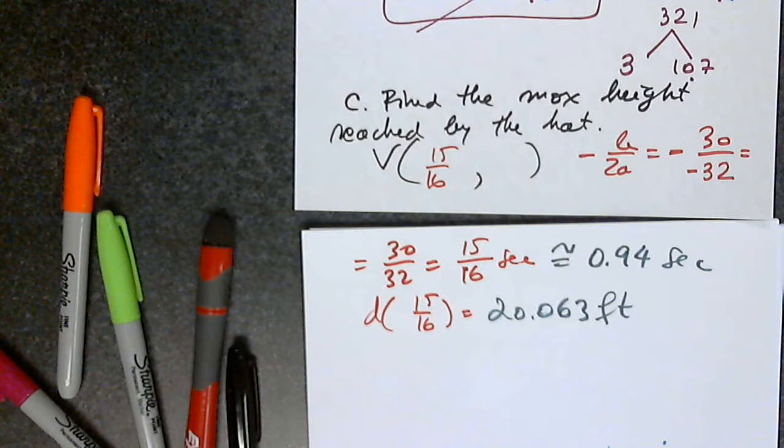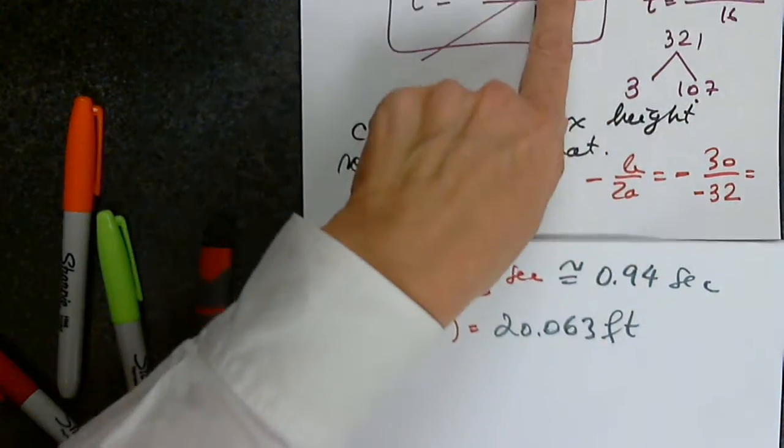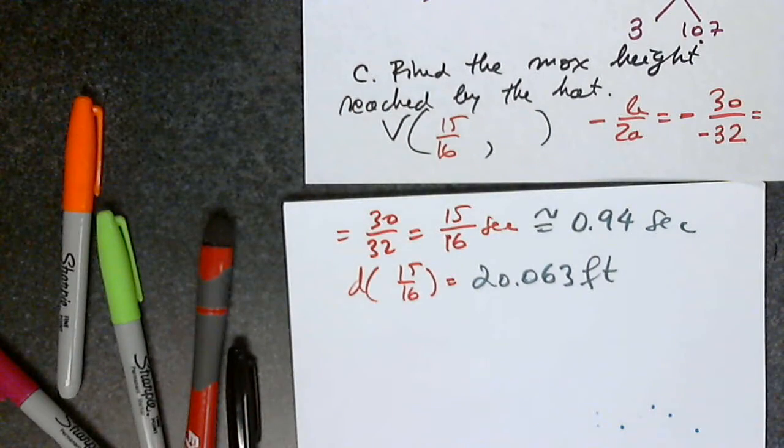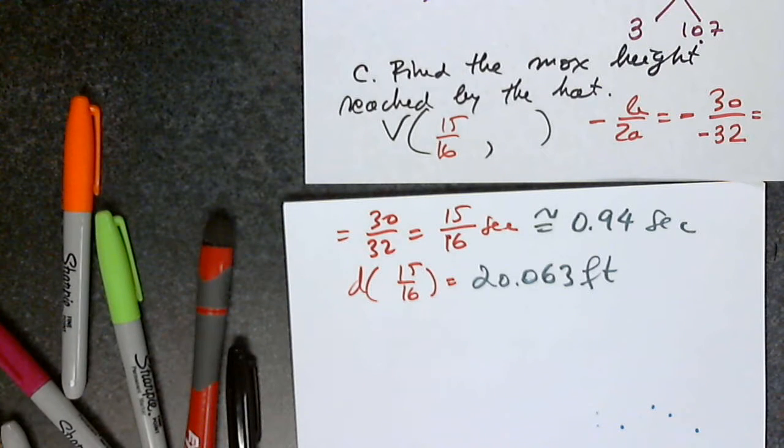He or she takes the hat at time 0. Does this. After 0.94 seconds, the hat reaches the maximum. And from the beginning, when he does this, it hits the ground again after... Exactly. Because we understand the function, now it's very easy to picture what's happening. And this is an application of the quadratic function. Okay, moving on.